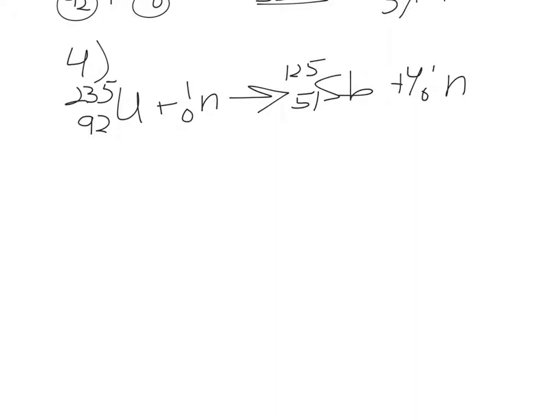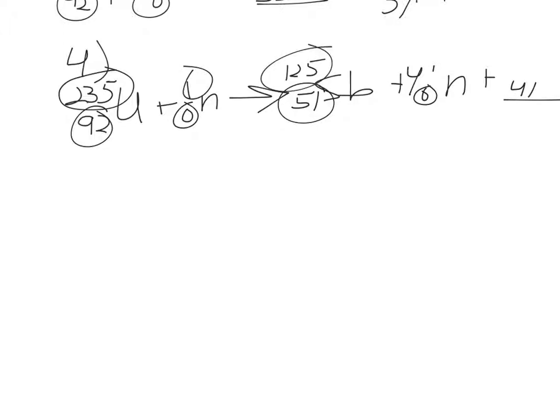Okay. So we need to know what else is formed, because as it stands, that does not conserve charge or mass. So let's look. Again, 92 on the left for charge, 51 plus 0, so I need 51 plus something to equal 92, which looks like 41. And then on top, let's do the left side first. 235 and 1 is 236, so I need to add 125 and 4 neutrons.